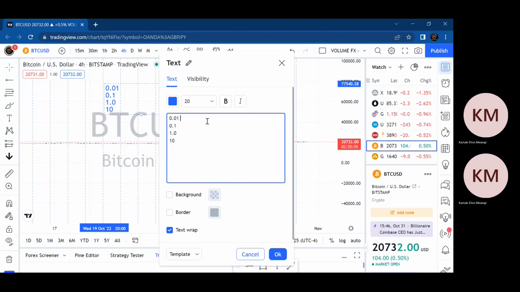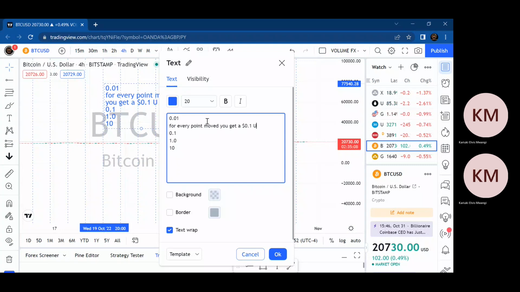0.1 means that for every pip the market moves, you get 0.1 of a dollar, 0.1 USD.